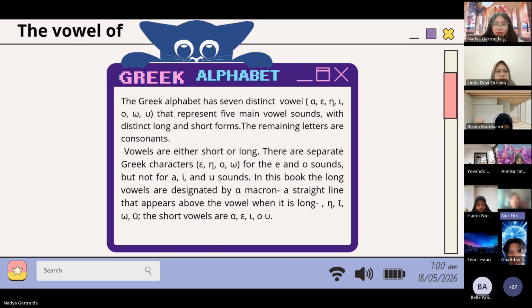With distinct long and short forms. The remaining letters are consonants, spelled as Greek characters: epsilon, omicron, and omega.